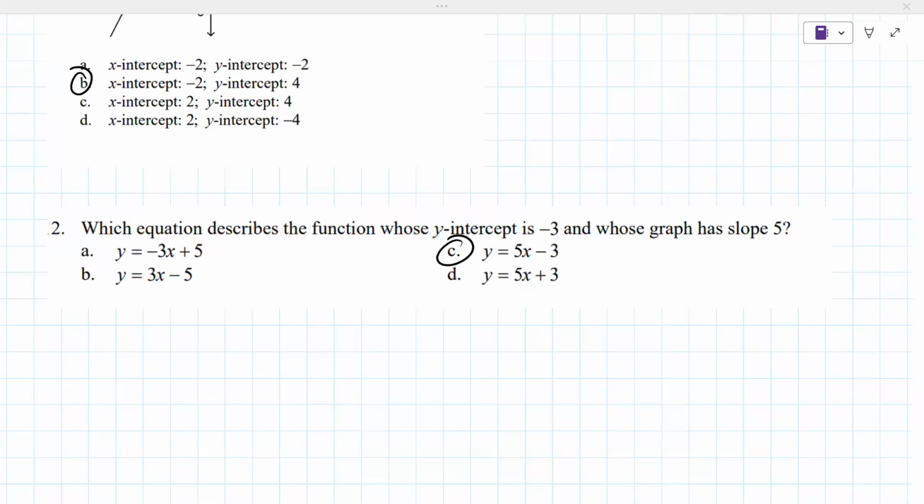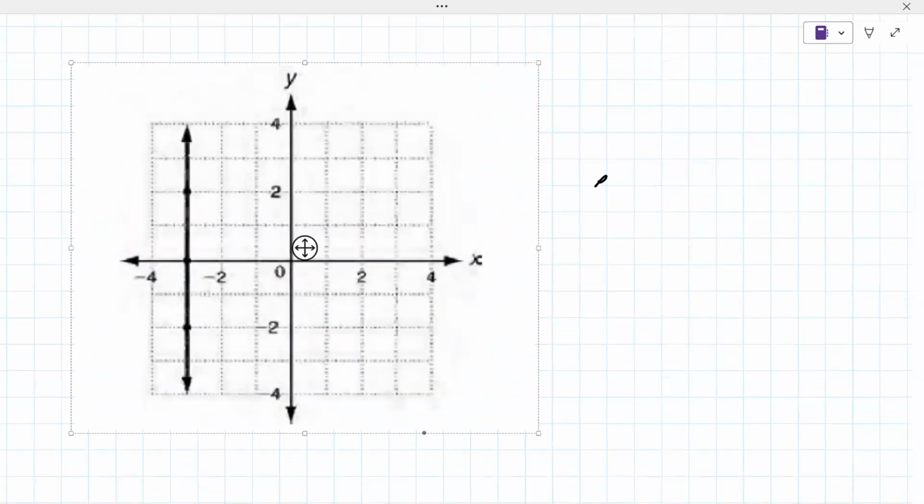All right. Could you give me the equation of this line? It's not multiple choice.